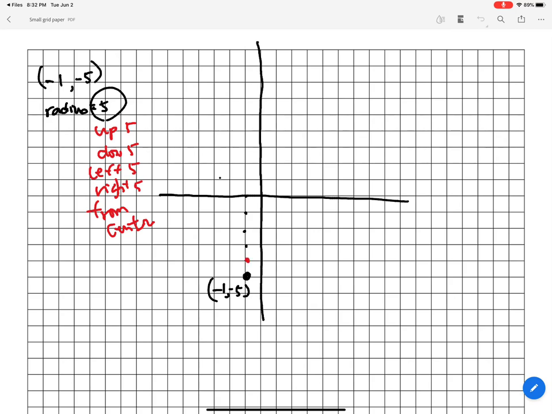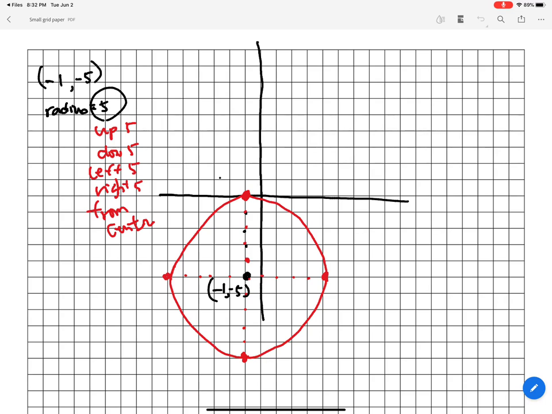So 1, 2, 3, 4, 5, counting in each direction. Now I can connect the dots. Now mine doesn't look like a circle, but I'm not going to grade you on your artistic abilities.